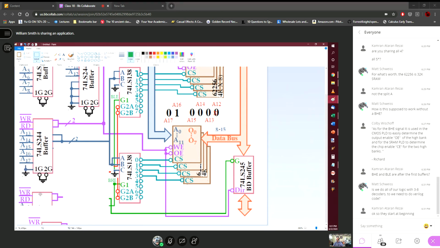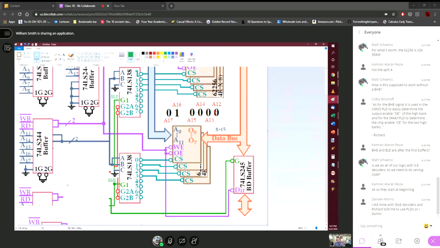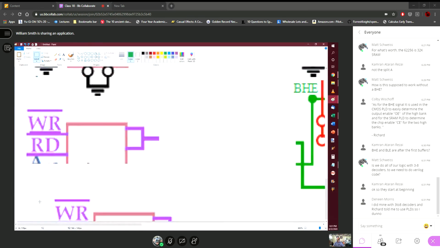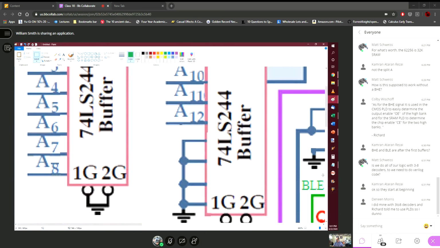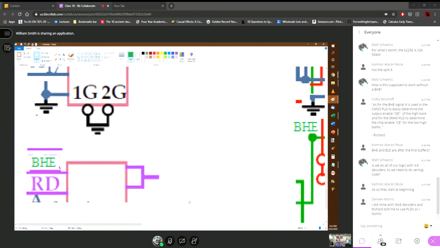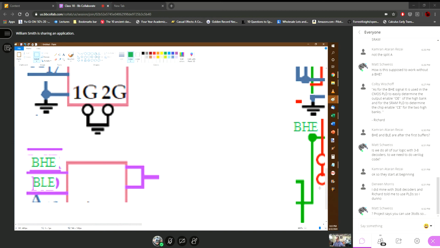So I got another buffer down here, and this has got BHE coming into it. And BLE is coming into it. Okay, so these wires are green here, and they're going to the respective places they need to go.